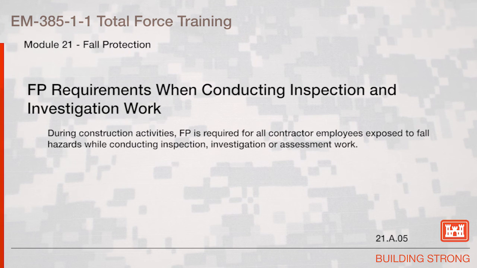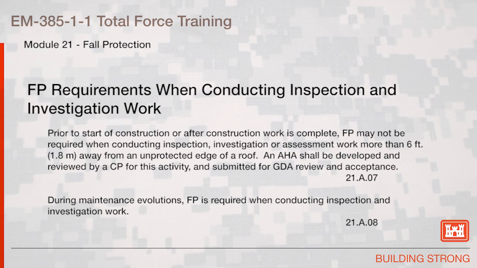Fall protection requirements when conducting inspection and investigation work. During construction activities, fall protection is required for all contractor employees exposed to fall hazards while conducting inspection, investigation, and assessment work. Prior to the start of construction or after construction work is complete, fall protection may not be required when conducting inspection, investigation, or assessment work more than 6 feet away from an unprotected edge of a roof.